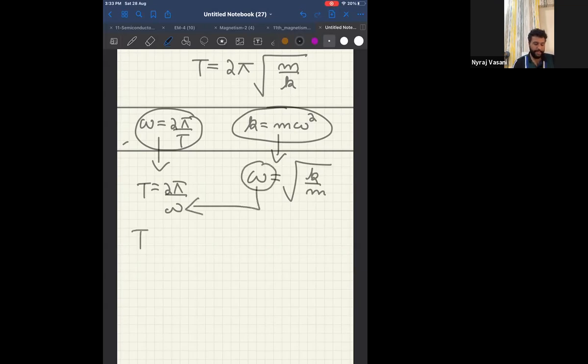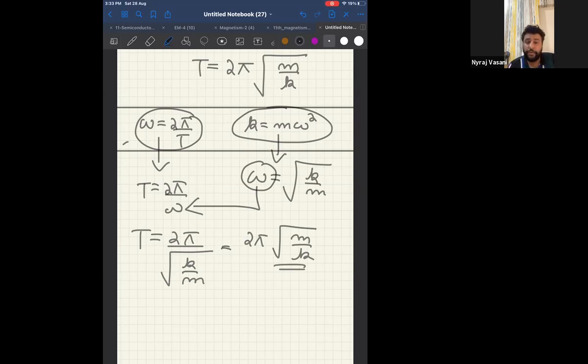Therefore, I will get T is equal to 2 pi by under root k by m, or I will get 2 pi into root m by k. This is the formula for time period of oscillation. Do you realize this formula for time cannot be used anywhere else? This formula for time is only for oscillation. T is equal to 2 pi under root m by k.